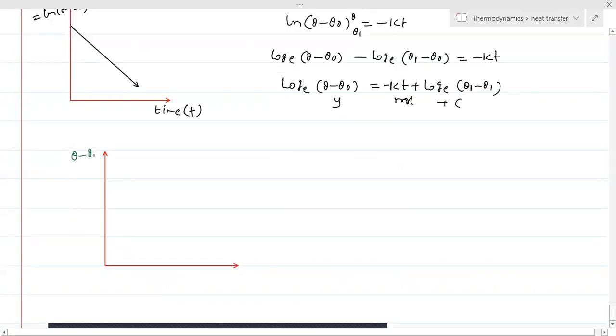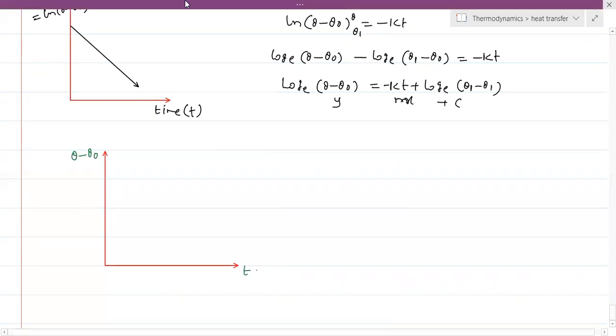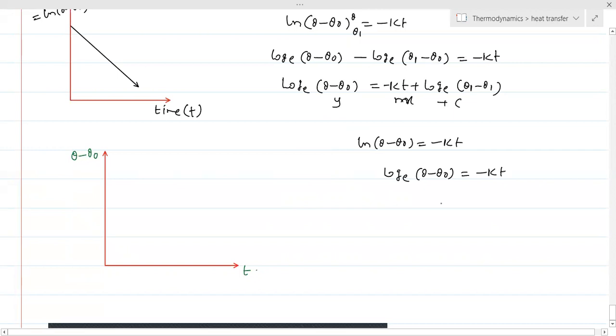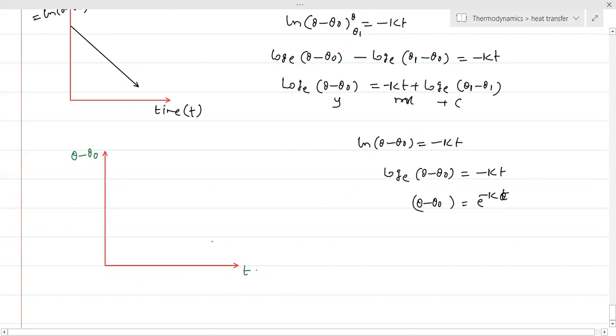From here, ln of (θ minus θ naught) equivalent to minus kt, or log base e (θ minus θ naught) equivalent to minus kt, or θ minus θ naught equivalent to e power minus kt. Simply, this is exponential decay.